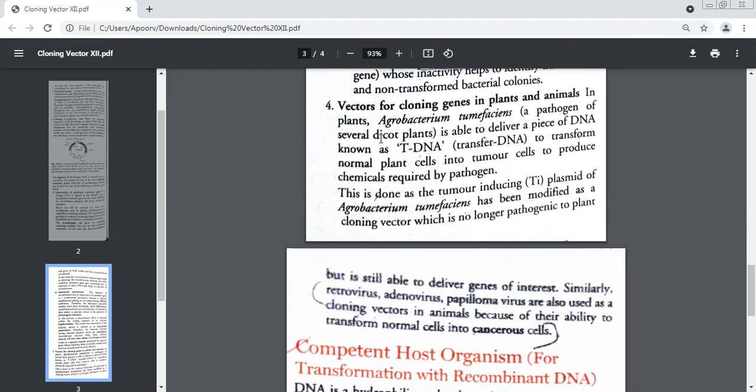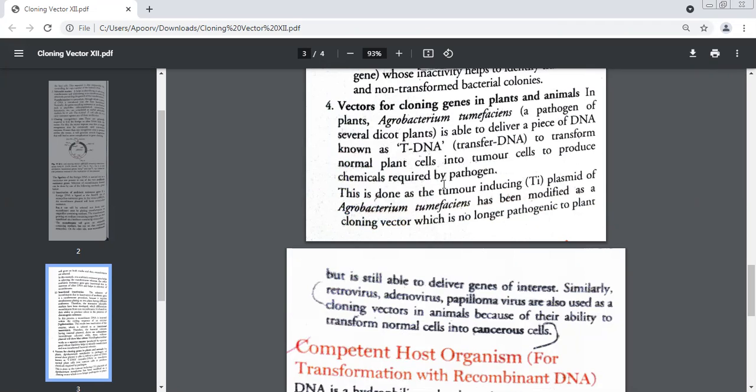In plants, Agrobacterium tumefaciens. This is a pathogen of dicot plants. It is used to deliver a piece of DNA, and because this DNA is transferred, we call it tDNA. When it goes in, it transforms normal plant cells into tumor cells, and these tumor cells start producing chemicals which are required by the pathogen.